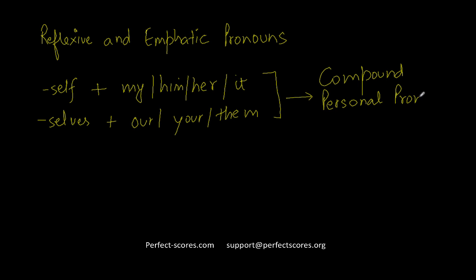You may not need to remember what these pronouns are named as, but you need to remember that you cannot use the word self with words like our, your, and them. And you cannot use the word selves with words like my, him, her, and it.